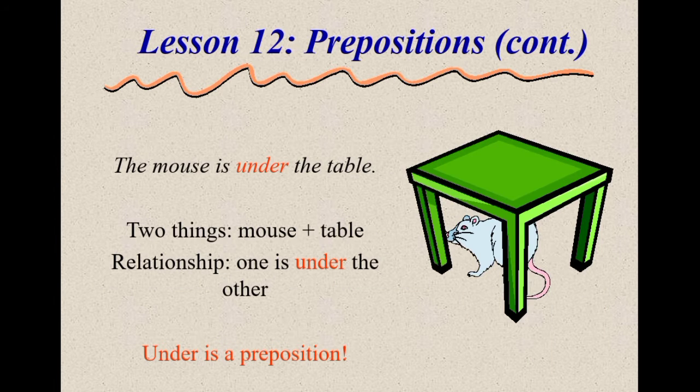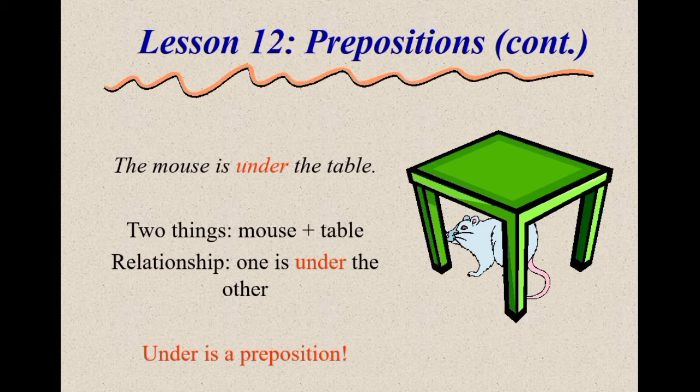Now this is the second example. This mouse is under the table. Two things means two objects, mouse and table. So what is the relationship? Under: one is under the other, means there is a table, and under the table there is a mouse.